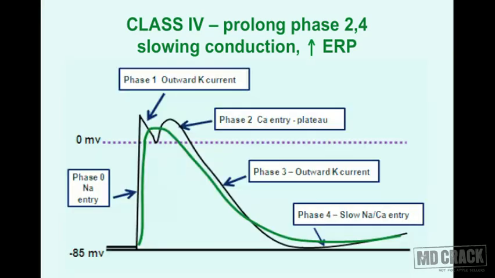So let's go to see the curve. There's a green color for the curve of the class 4 and the black curve is a normal curve. So this is phase 0, that's sodium entry, and after that there's phase 1, that's the potassium exit. And when you come to phase 2, look at this phase 2. This black one, follow the cursor, I am showing, is the original curve.